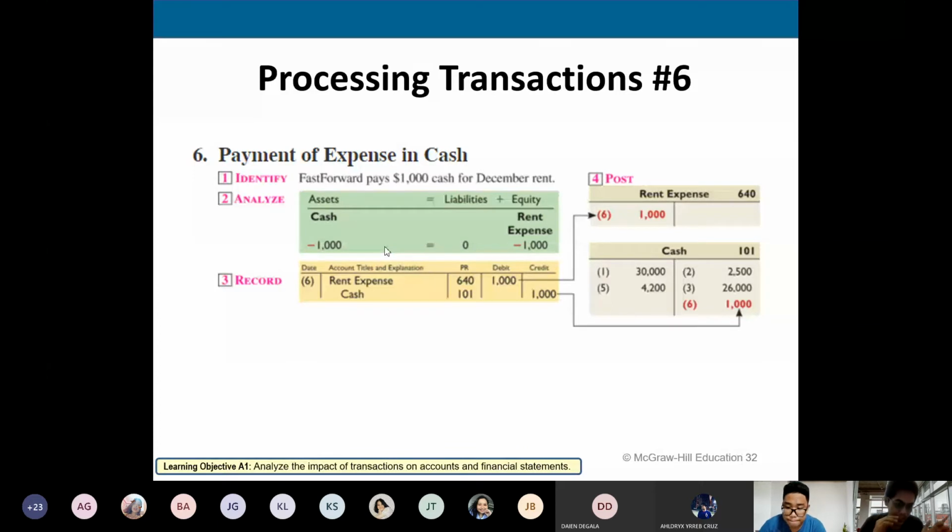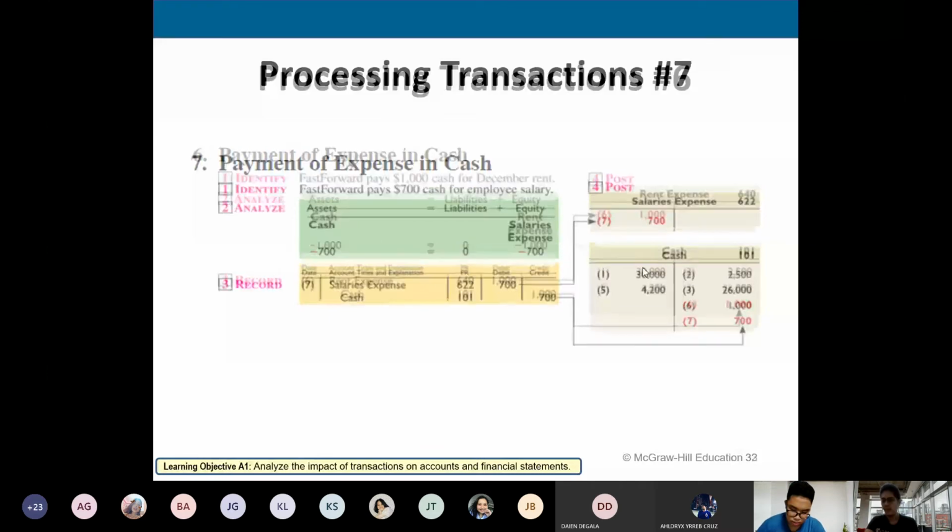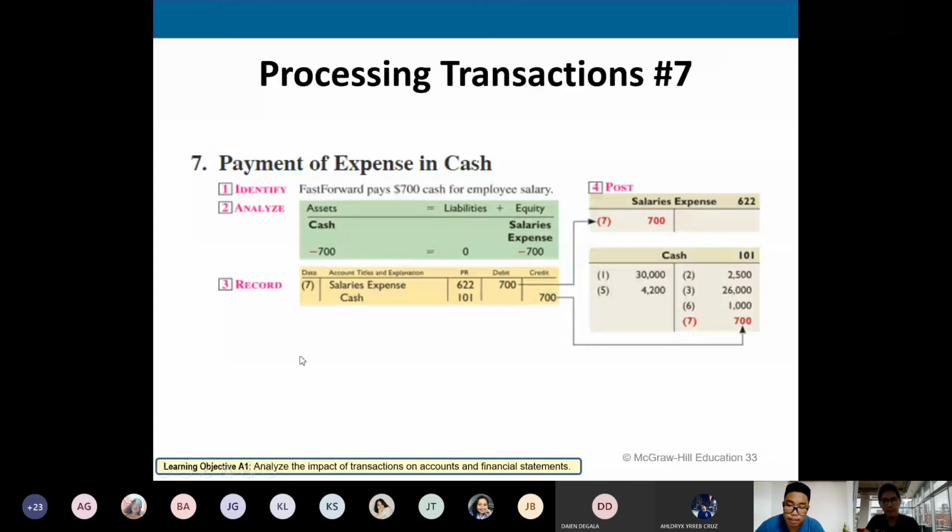Just like for example, the rent, no? Or for salaries, no? Dito sa next natin. Salaries pag hindi pa binayaran to, ang entry natin is debit salaries expense, credit salaries payable. Pag babayaran na, tama? Debit salaries payable, credit cash. You get it? Nagets ba ng iba?